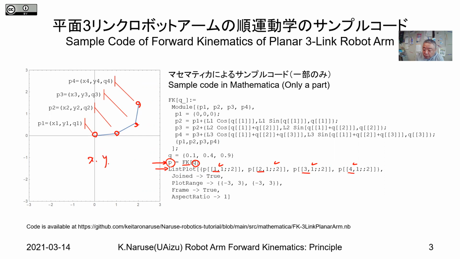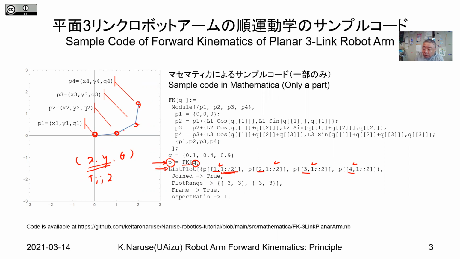And for each of the components, we have three elements. So for making this plot, we only need the first two elements. And this notation means taking just the first to second element. So this is a mathematical notation for giving a range. All right.